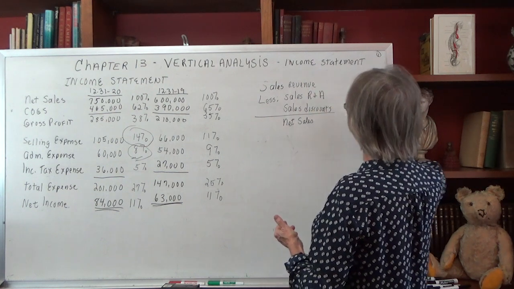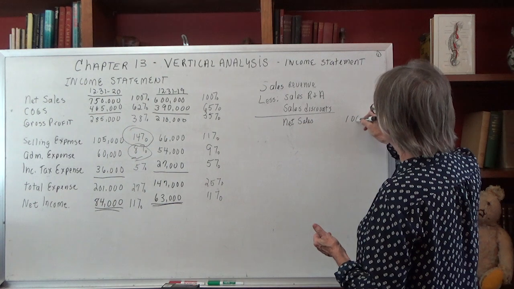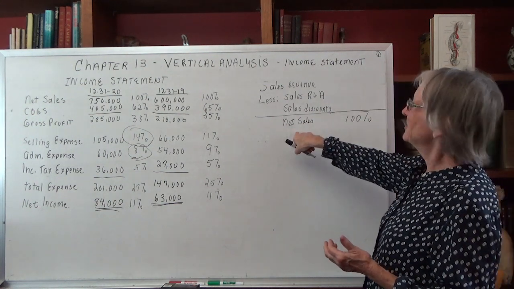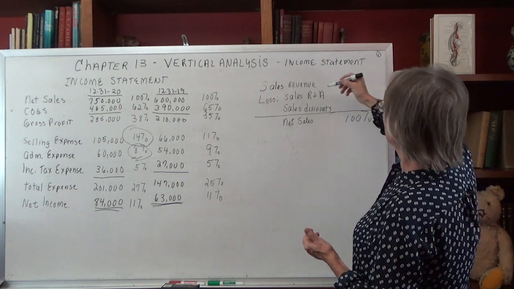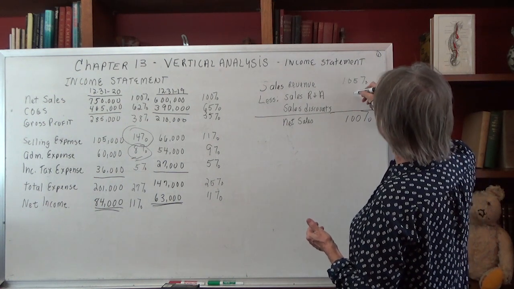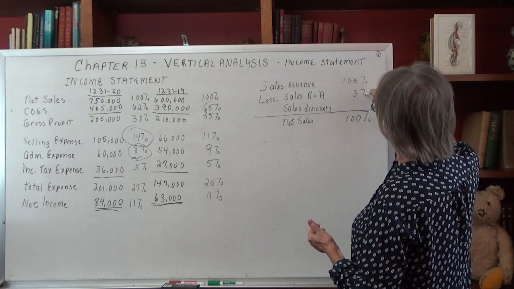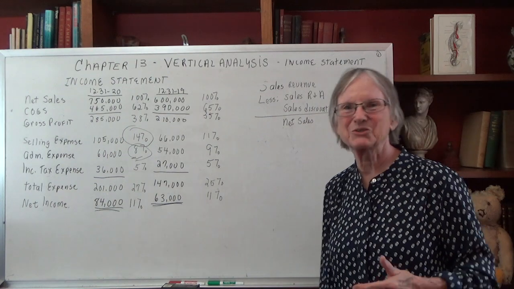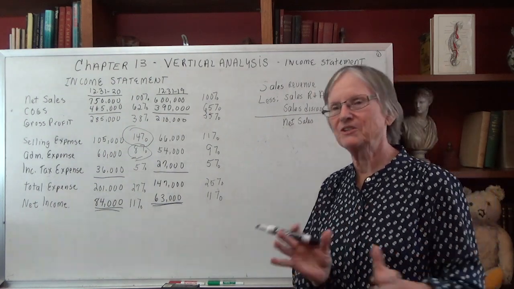You have to remember that net sales is 100%. So this is your starting point. If sales revenue might have been 105%, and then this might have been 3% less and less 2%, that gets you down to net sales. So just keep in mind what net sales is.